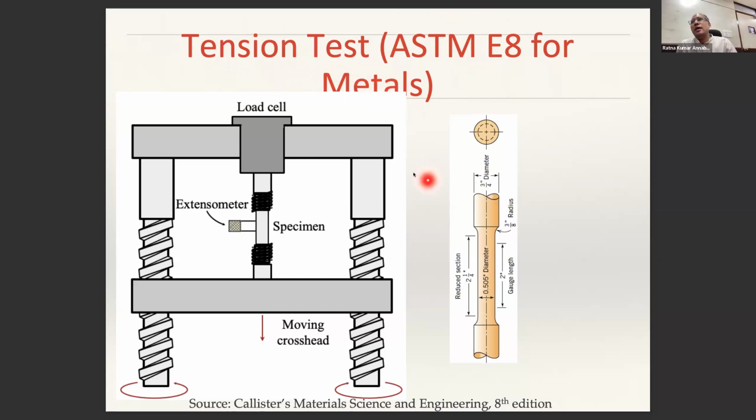Okay. And there are different kinds of specimens that one can make. This is one cylindrical specimen. Sometimes you can also have a flat specimen. And this is what we call a dog bone type specimen, which has a cylindrical cross section. Sometimes you can also have a dog bone specimen with a flat, rectangular cross section.